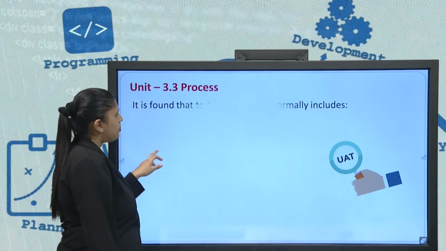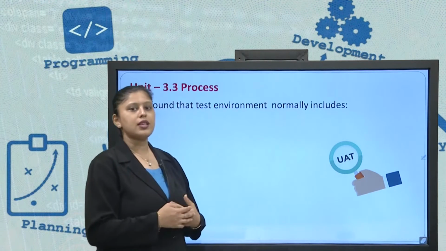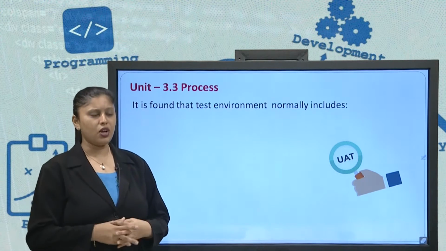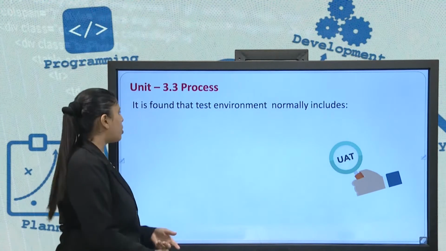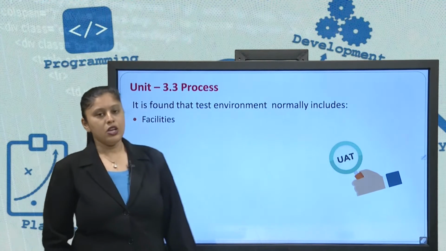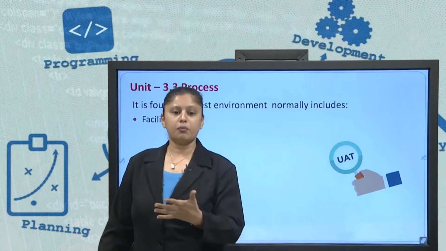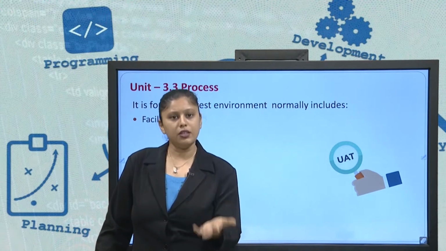Now within the process it is found that the test environment normally includes certain things, just check. First is facilities, what facilities my product is going to provide to my users.